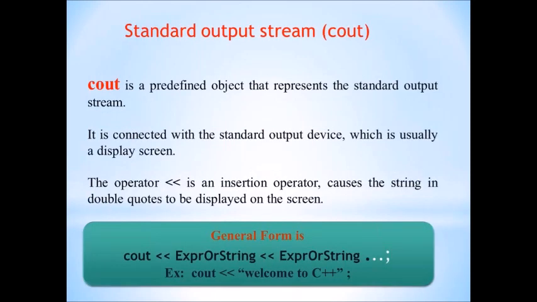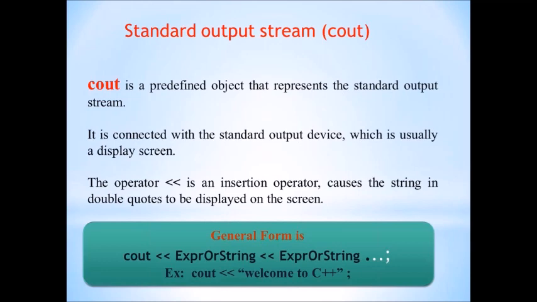In C++ programming, for writing purpose or for printing purpose, the statement used is the cout statement. In C programming, printf is used. In C++, the cout statement is used. What does cout mean? It is a predefined object.